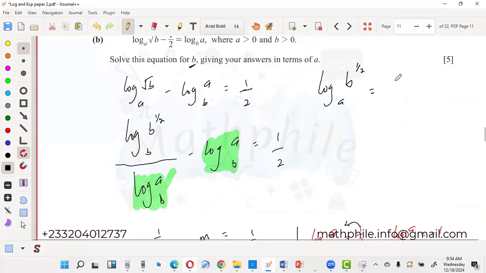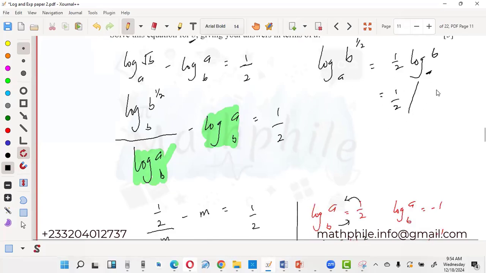So there's going to be 1 over 2 log base A of B. Is that okay? Then this will be a swap of bases, so this will be 1 over log A base B. The same thing.